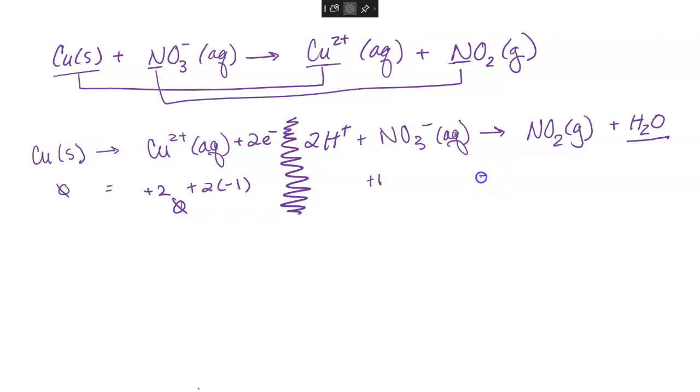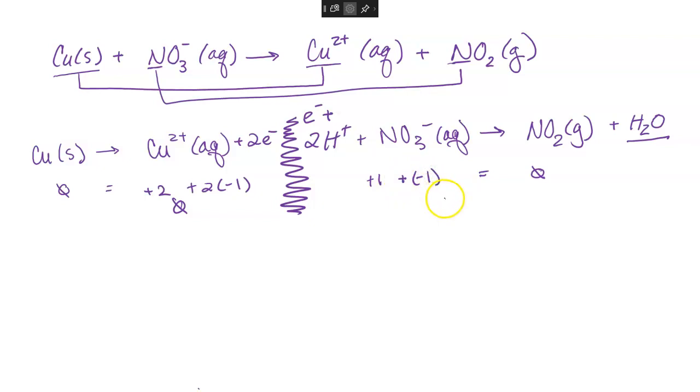And then I need to make that equal to, what's the total charge on the product side? 0. So how many electrons do I need? 1. On which side? So I'm going to add an electron there, +1 electron. And so that means I'm adding a -1, and that makes that 0.